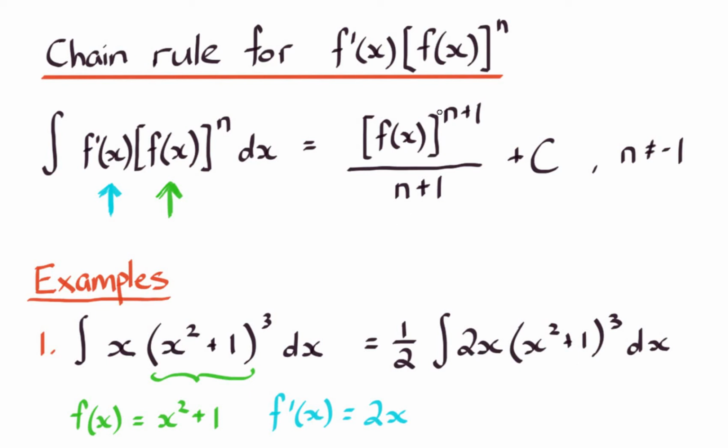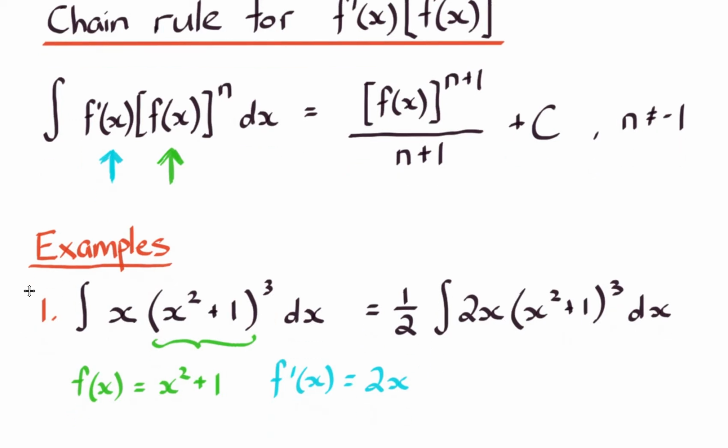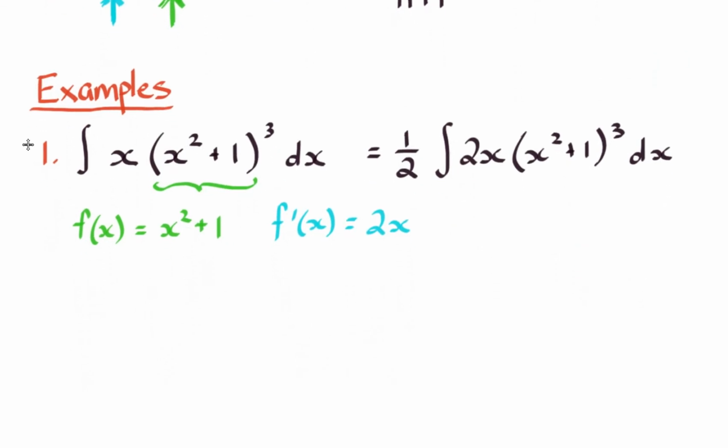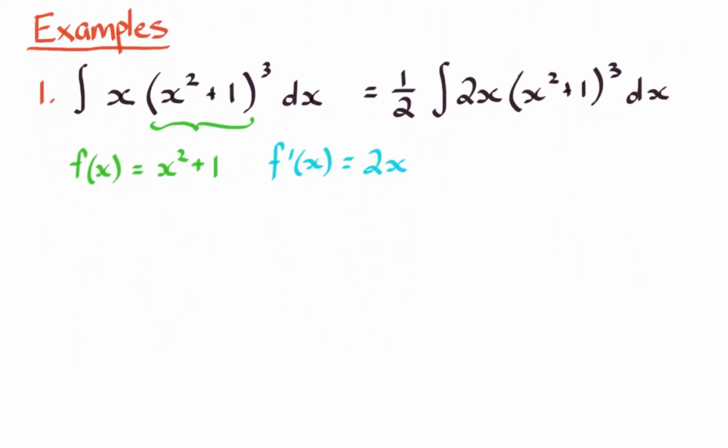All that's left to do is to apply the rule from above. So we're going to raise the power by 1 and put it over the power. And we've just got to remember we've got this half out the front. So let's give ourselves a bit more room. And here we go.